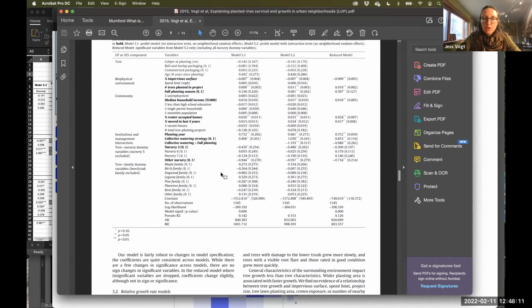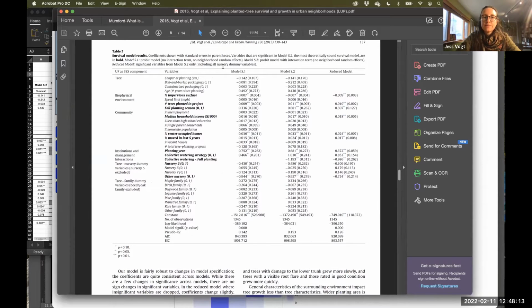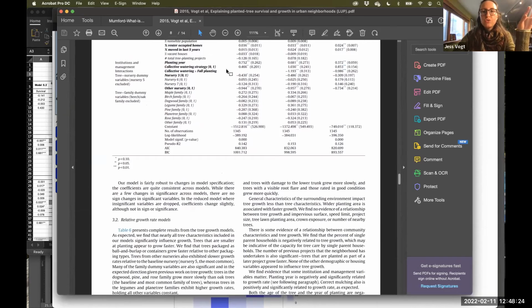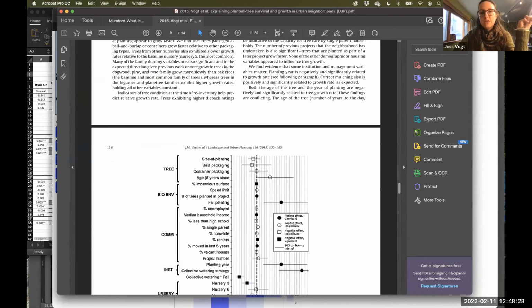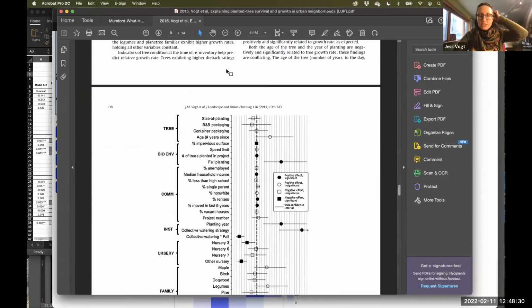So this model is a probit model, which is a form of logistic regression where we are predicting survival. So zeros or ones are the dependent variable there. The results you get of a probit model are what's called odds ratios, and odds ratios are kind of interesting things, right?